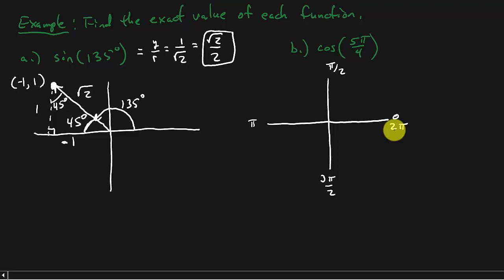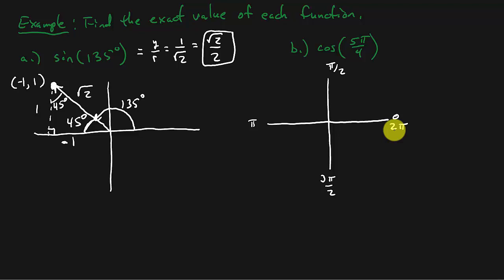So that's another thing in trig. You need to memorize this. You need to know this. When you see pi over 2, you automatically think 90 degrees. Or when you see 90 degrees, you automatically think pi over 2. You've got to know that. And the other ones you've got to know are 30 degrees is pi over 6, 60 degrees is pi over 3, and 45 degrees is pi over 4. You've just got to know that.